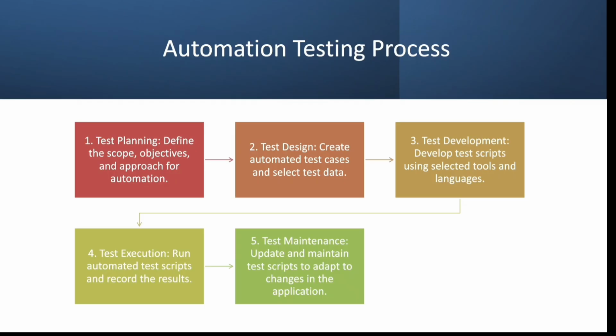Now we have a branch of processes for automation. First is test planning. We have to define the scope and the objective and approach for that automation. Then we have test case design. We need to design our automation cases. Automation cases and manual cases are different.